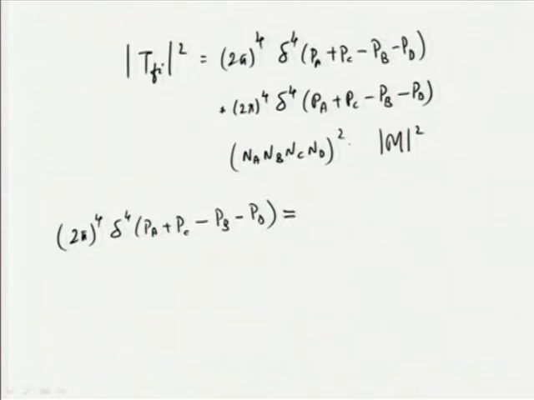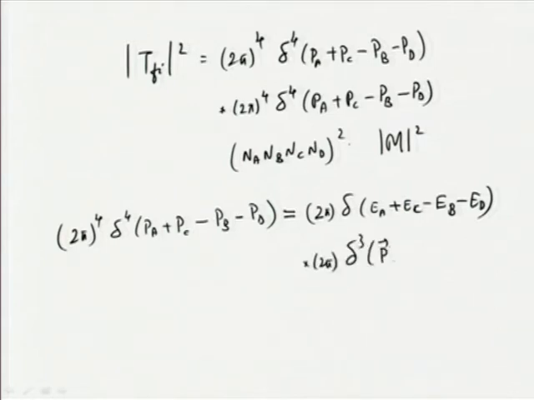Okay, this I can split into 2 pi delta(E_a + E_c - E_b - E_d) into (2 pi)^3 delta^3 of momentum (p_a + p_c - p_b - p_d).